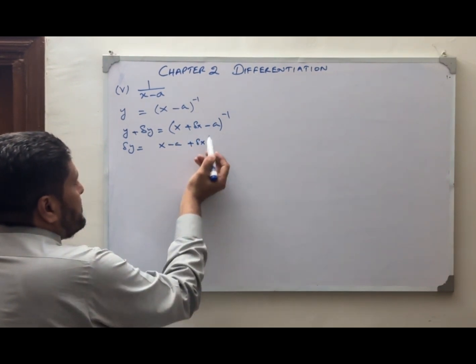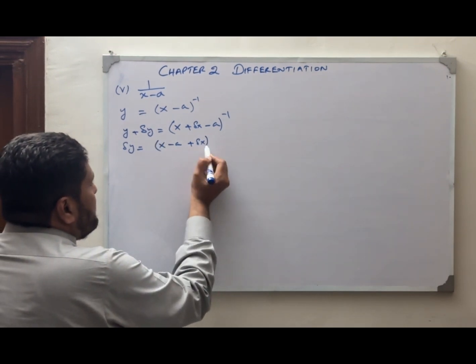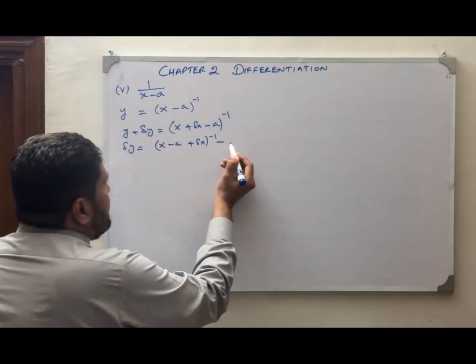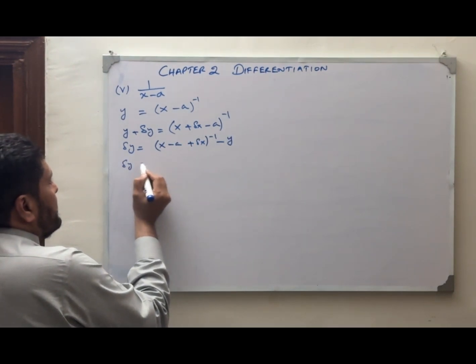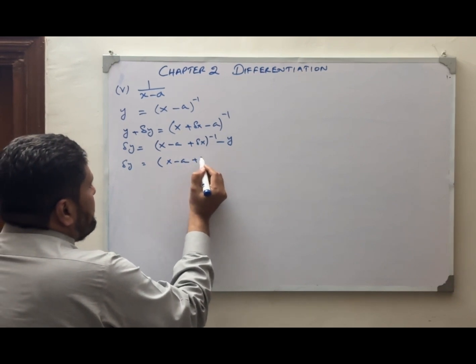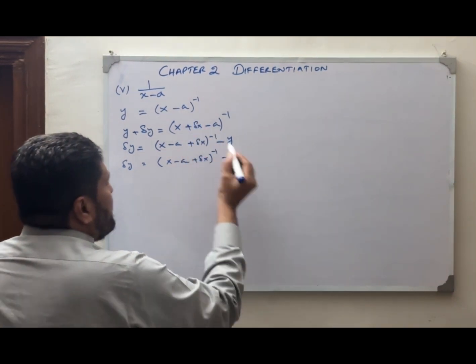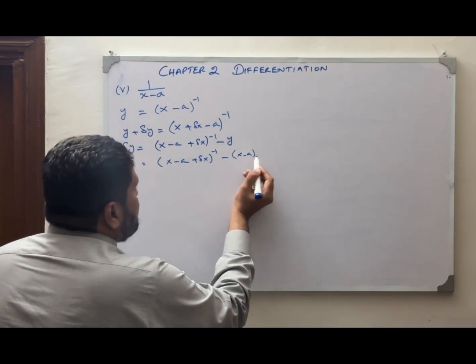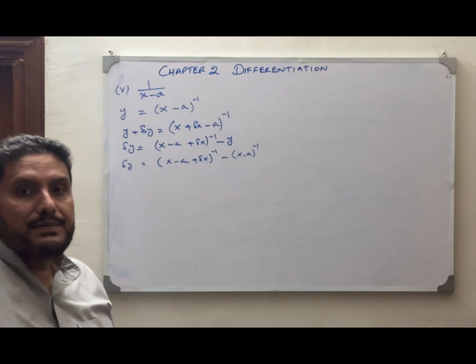We can write it in this way by placing a first and then delta x, power minus 1, minus y, and then we place the value of y. So delta y is equal to x minus a plus delta x power minus 1, minus x minus a power minus 1. So the second step is completed.